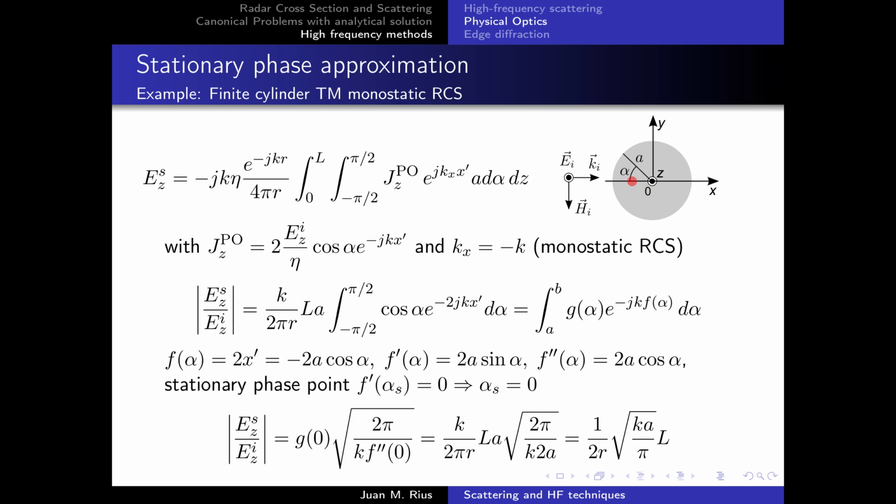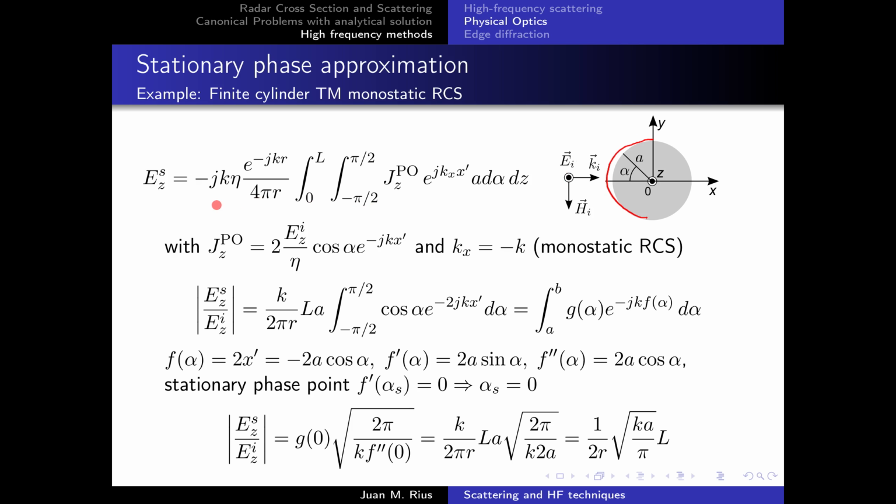We integrate from minus pi over 2 to plus pi over 2 because we are integrating in the illuminated region of the surface where the physical optics current is different than 0.